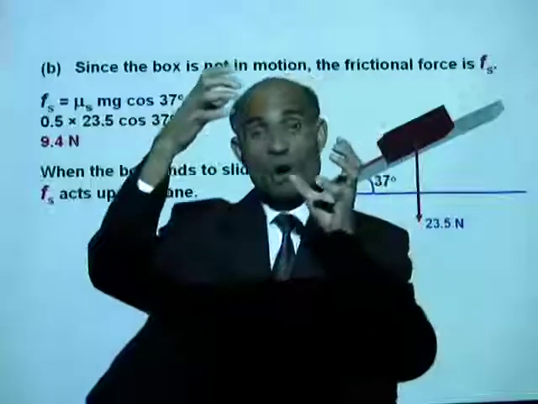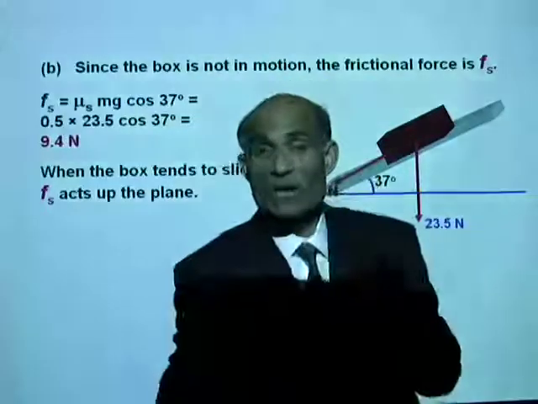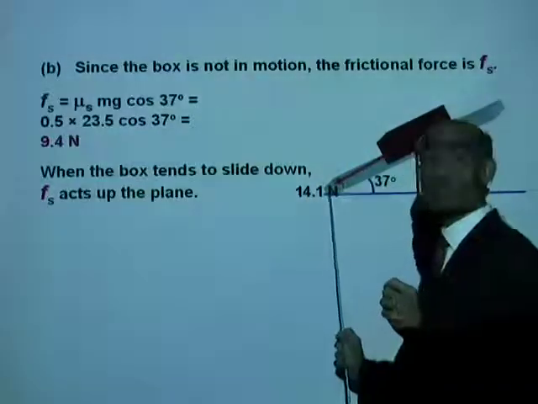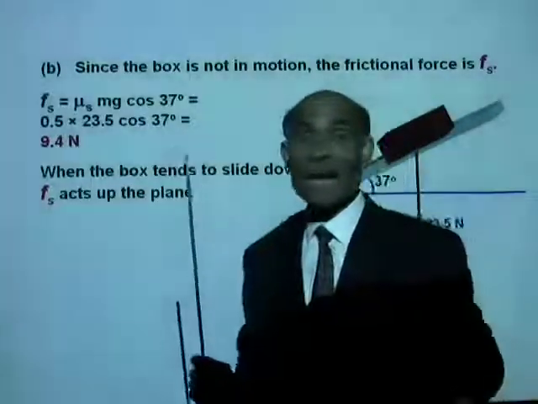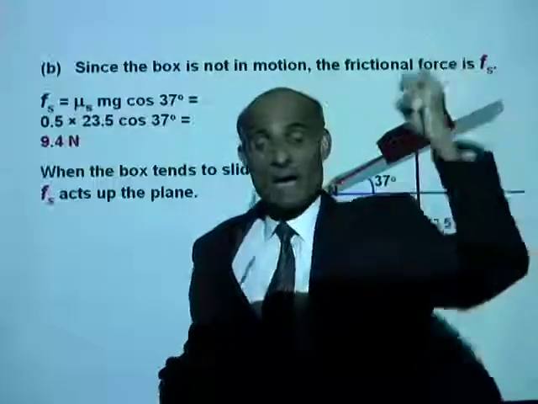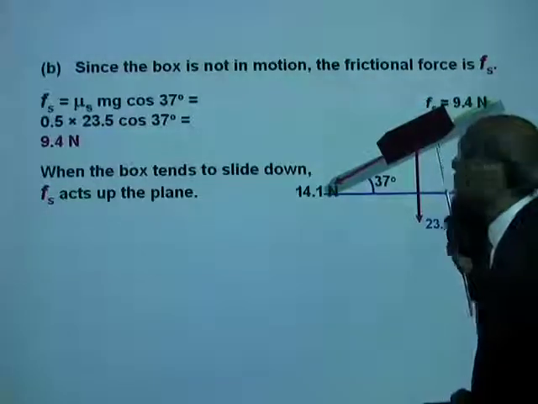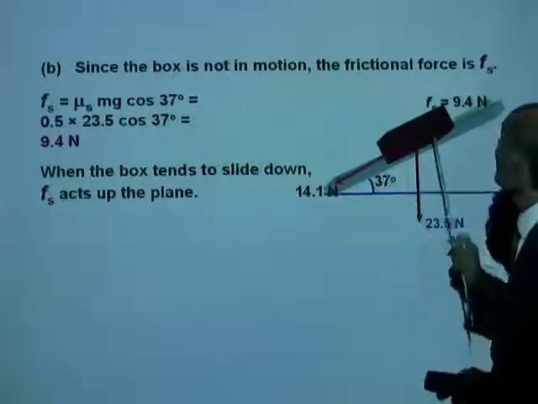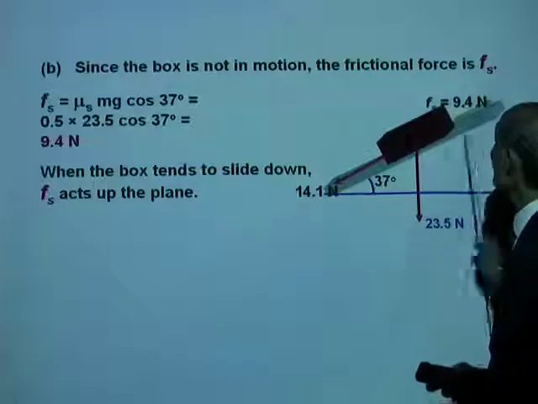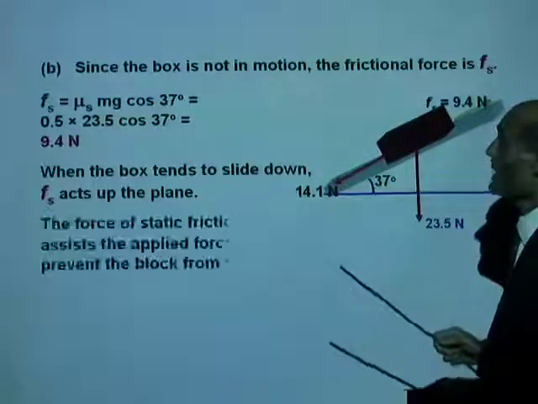When you place the box on the inclined plane, the box wants to slide down under this force, 14.1 Newton. And the friction is going to prevent it. So the friction is going to act up the plane. Now, we have a frictional force, the static friction, that is 9.4 Newton acting up the plane.